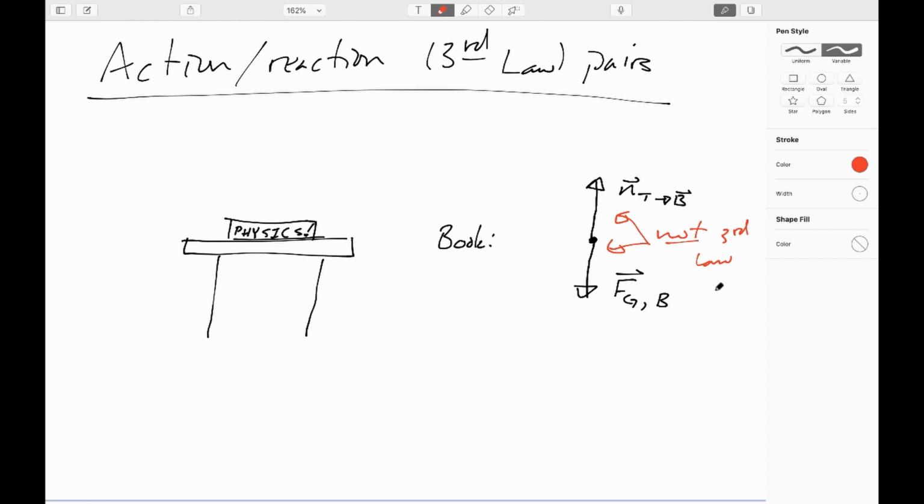So let's go and identify the third law pairs to these. Well, we can take a look at the table. Let's draw the table in blue. So here's the table, and it's sitting on the earth, and there's still that physics book sitting on it.